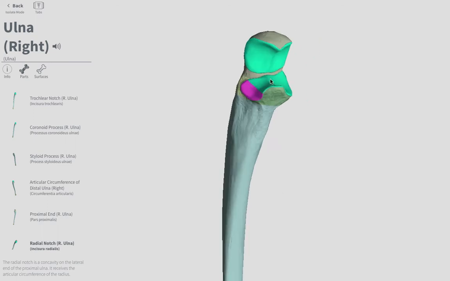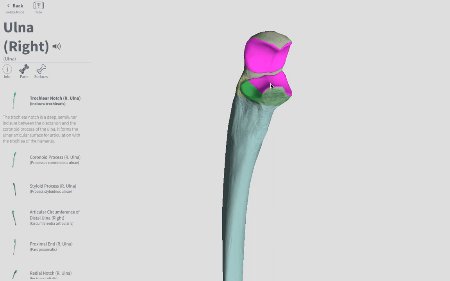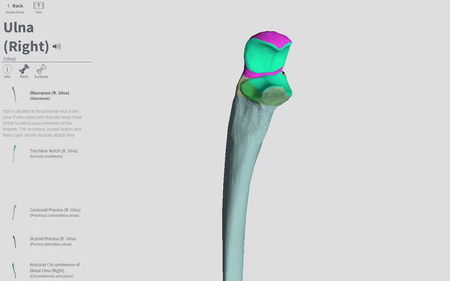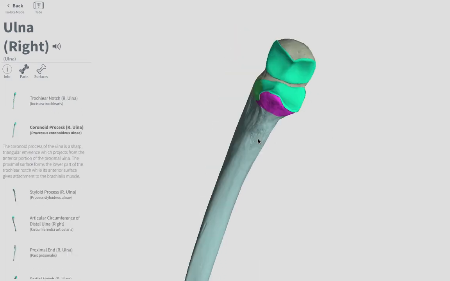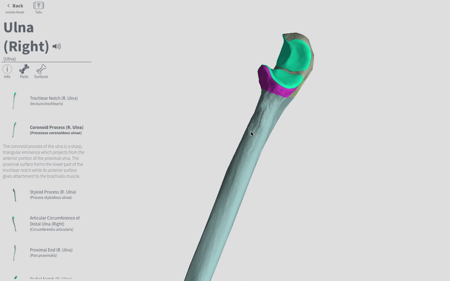So be careful to differentiate the two. This part right here is going to be the more lateral side, and that is going to be the radial notch, whereas this is the trochlear notch. You have two processes here, the olecranon process and the coronoid process. And your radial tuberosity is right in here.